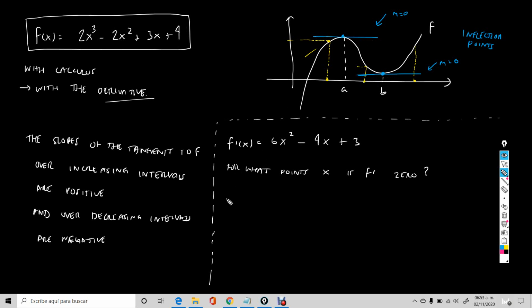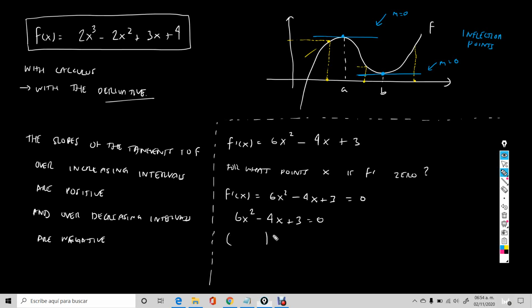So basically what I do is this. I'm gonna write my derivative and I'm gonna set it equal to 0. For what values of x will this be equal to 0? Then I'm gonna solve this equation.